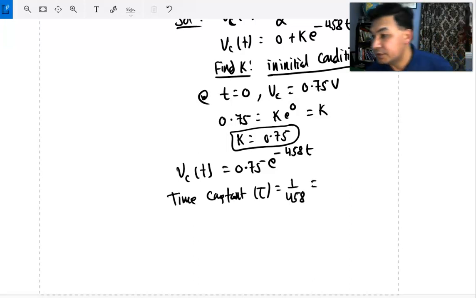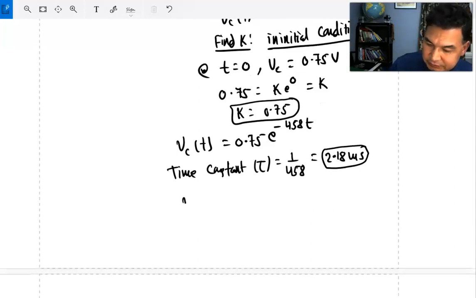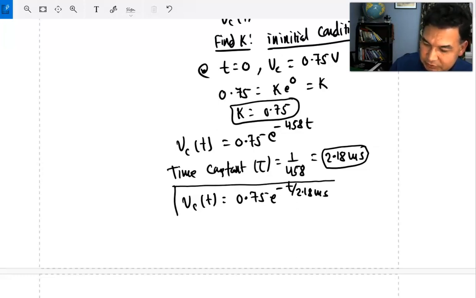And that's going to be 2.18 milliseconds. That's it. So your very final general equation is this, with t over 2.18 milliseconds. So this is how the voltage across the capacitor decays over time, right?